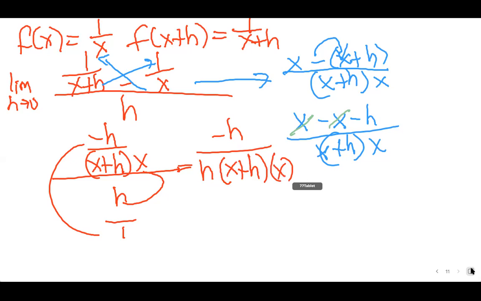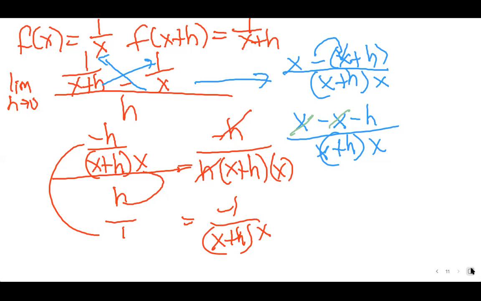Okay? So, as you can see dito, hindi ko pa rin siya kino-combine. Okay? Para mas madali siyang makancel mamaya. So here, since we have both h on upper part and the lower part, okay, we can now cancel them. So ang matitira sa taas is negative 1 all over x plus h times x.